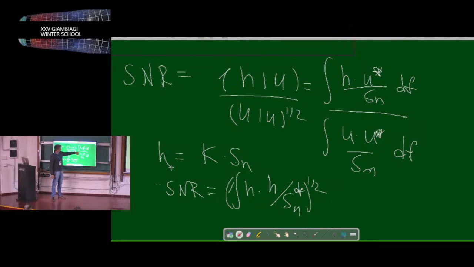And in the denominator, I also get h squared divided by S_n. So this gives me overall h h divided by S_n, sorry, to the 1/2. So this is the formula for the optimal filter.